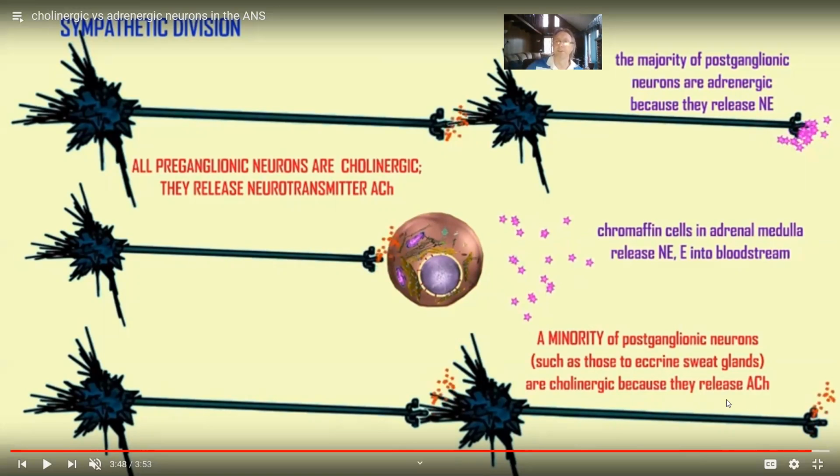So in the sympathetic division, notice that the second stage can vary. I don't want to get into the argument. There is an argument over these chromaffin cells. Are they actually the postganglionic neurons which are modified? Are they similar to the postganglionic neurons, being derived from the same type of embryonic cells but distinct?